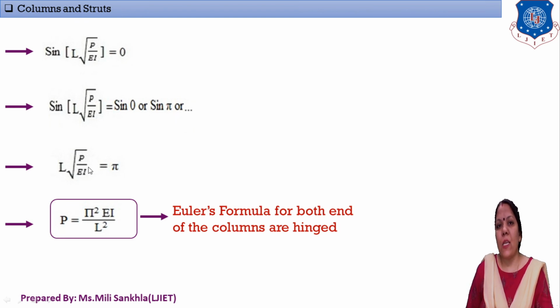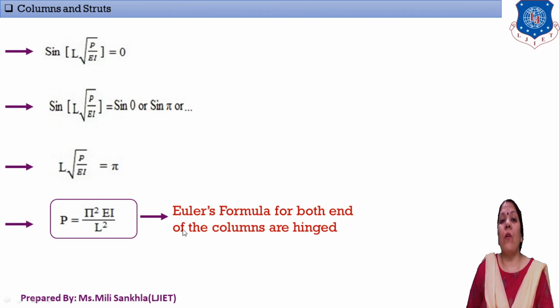But to prove this equation I can't take 0, because if I take 0 then the ultimate value is 0. So here I take the first value, that is pi. So L under root P upon EI is equal to pi, and we find Euler's load. Making P the subject, remove this under root. P is equal to pi square EI by L square, and this is our final equation for Euler's formula.